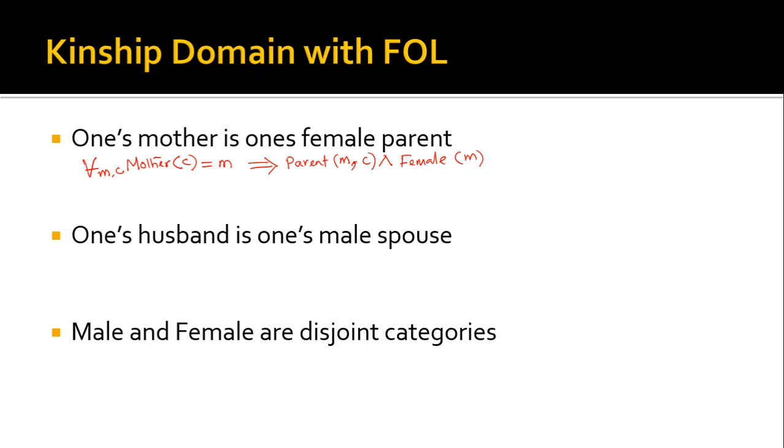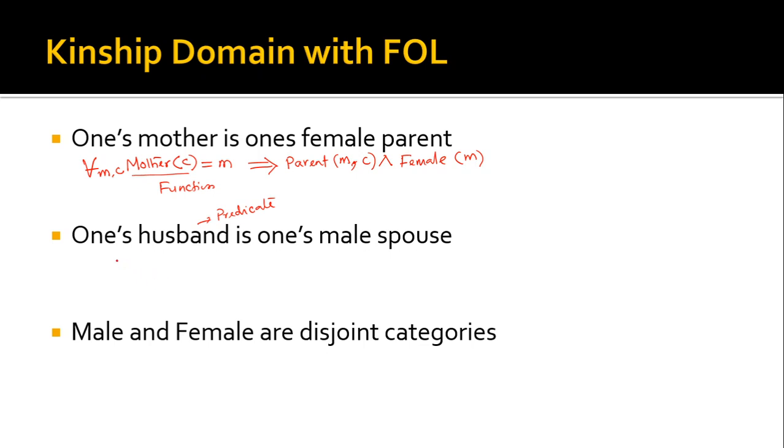Now let us go to the second example, which says that one's husband is one's male spouse, right? Here we have modeled mother to be a function. But let us try to model husband as a predicate. We could have done it with a function also, but let us assume that it is a predicate.